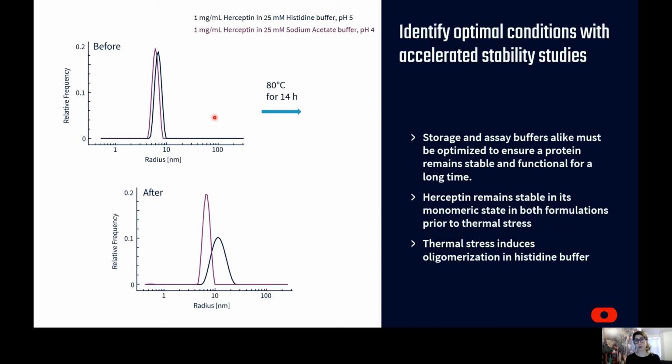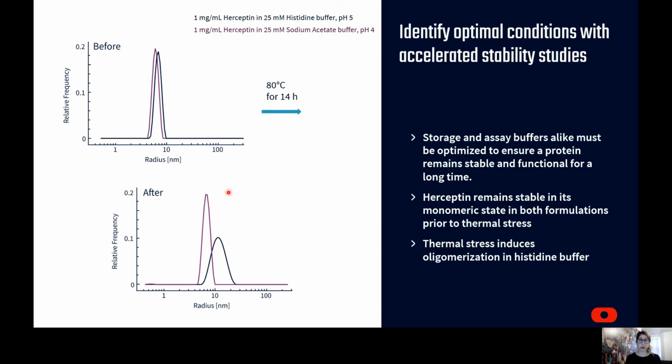The samples were measured before and after incubation at 80 degrees for 14 hours. Proteins that are tightly folded and stable are going to give a single sharp peak, which is consistent with the size distribution plots on the top for both formulations prior to incubation.